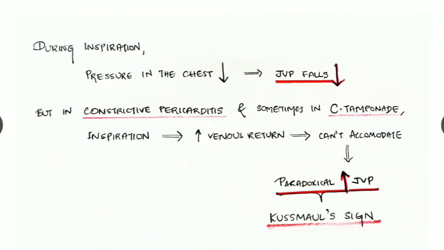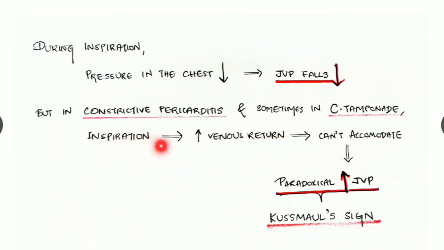We have to know that during inspiration there is decreased pressure in the chest, and as a result the jugular venous pressure falls. But in case of constrictive pericarditis and sometimes in cardiac tamponade, there occurs a restriction in the cardiac expansion. So the heart has reduced dilatation, so it cannot accommodate much of this venous return.